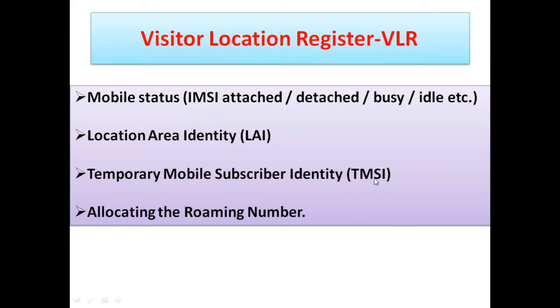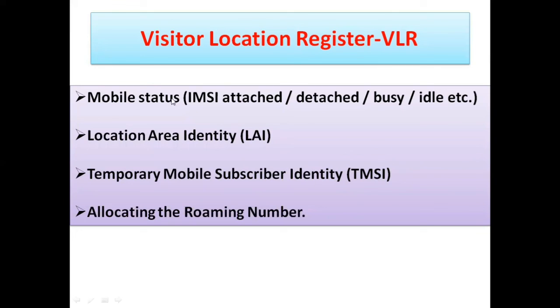Most of the time, the network identifies the user only by means of the TMSI. This is basically done to avoid SIM cloning. The TMSI also periodically gets changed by the network.